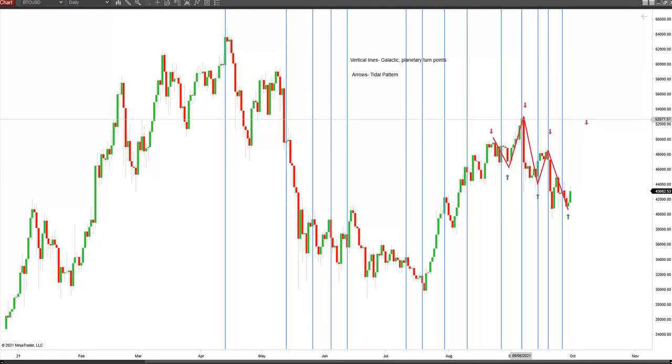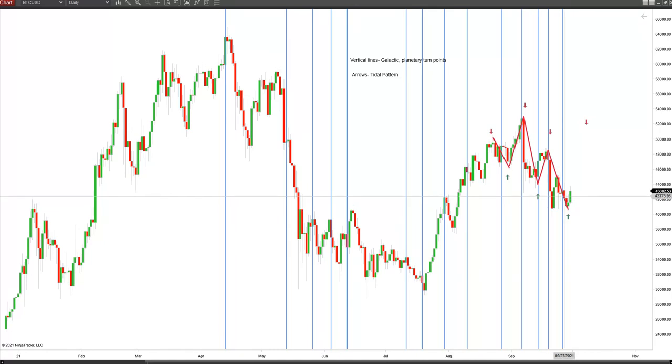Like here we had the vertical line and the tide together, got a good push down. Here we had them together at that low, got a nice push back up. And then they converged one more time here, and we got this nice push down to the low.